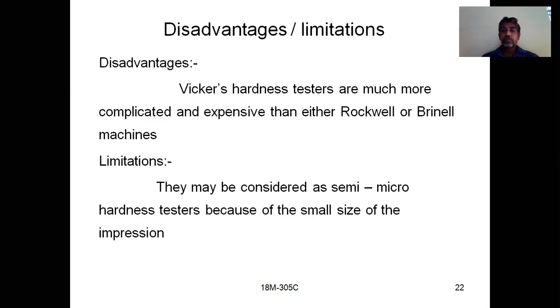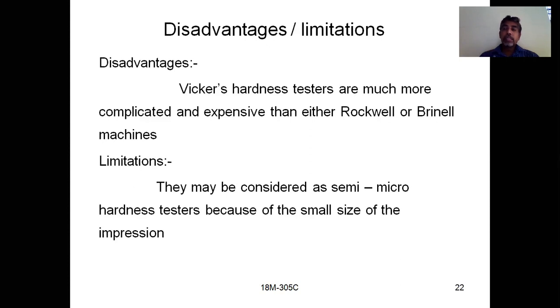Why can you use harder materials for testing here? Because we are using a diamond indenter. How is the diamond indenter? It is a pyramid type of diamond indenter, which has an angle of 136 degrees between the opposite faces.